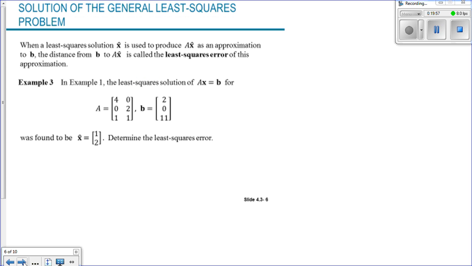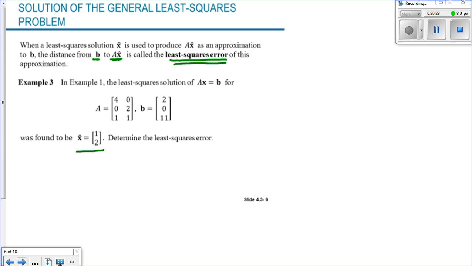Okay, so one more problem on this. When a least square solution x bar is used to produce that approximation to b, the distance from b to that Ax is called the least squares error. So that tells us how far off that solution is to the desired b that we would have wanted for the equation. So in example 1, we found that the least squares solution was x bar, which is 1, 2.